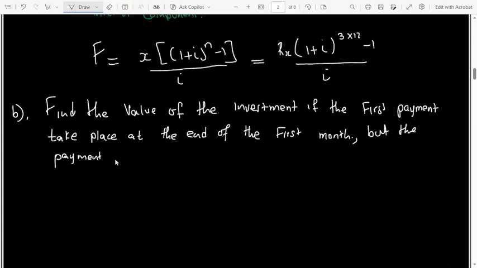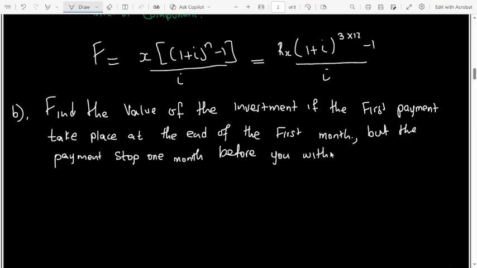So now they indicate where the payment is stopping. The payment stops 1 month before you withdraw that money.